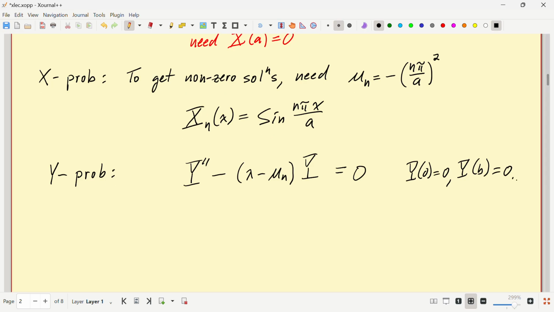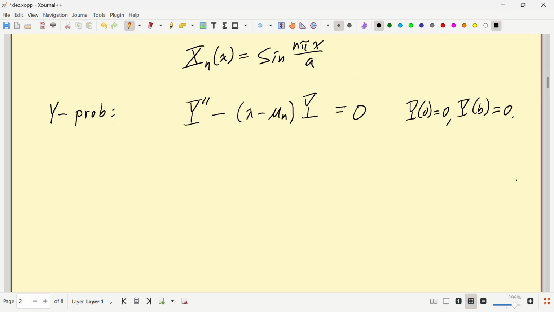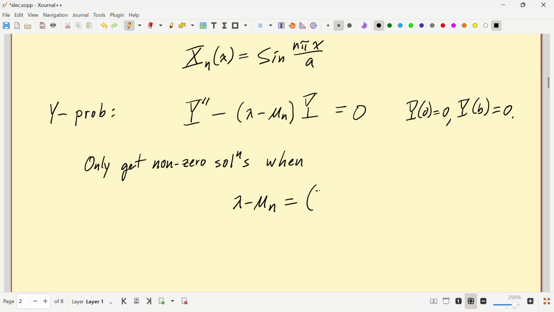Well, this is the same as the x problem, and so we know we only get non-zero solutions when lambda minus mu n equals minus (n pi over b) squared.